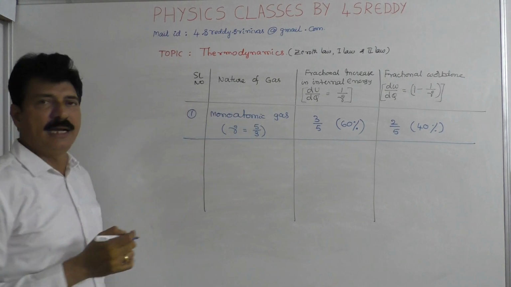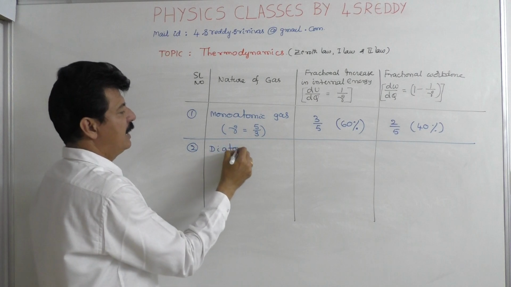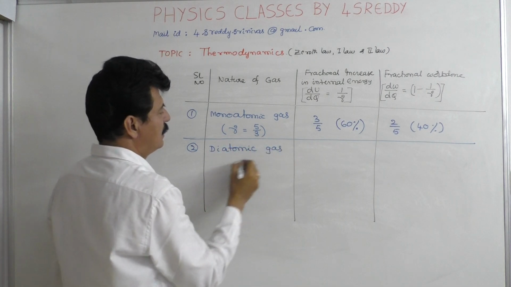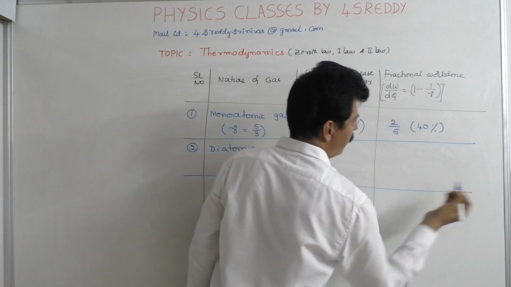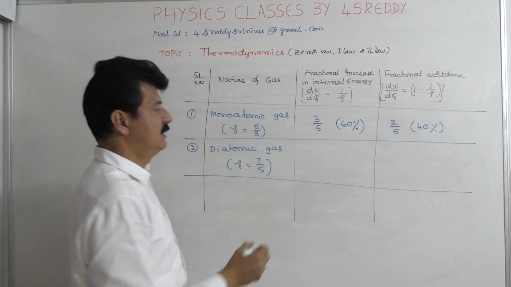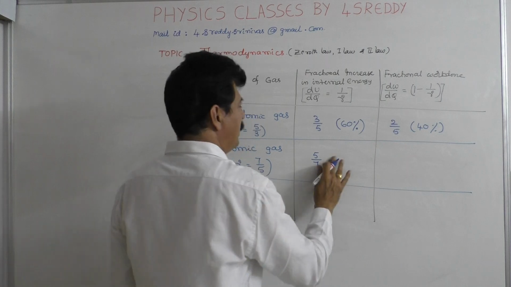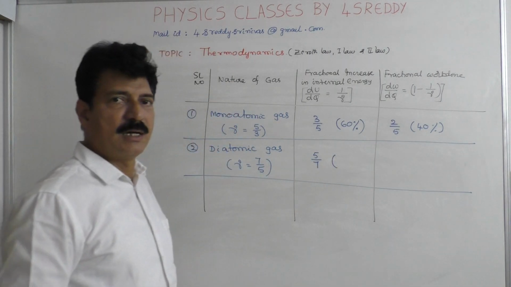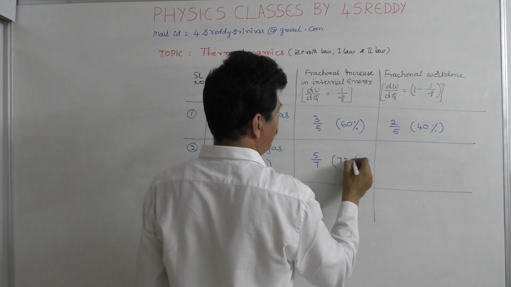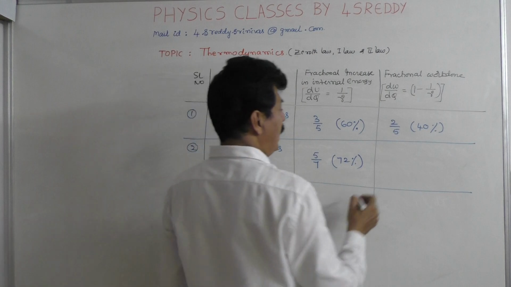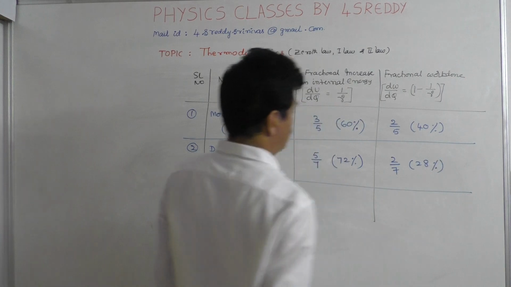Directly we can write the values here. Second one, if you consider diatomic gas, then gamma is equals to 7 by 5. When gamma is 7 by 5, this becomes 5 by 7. In terms of percentages, nearly it is 72% approximately, and this is 2 by 7, approximately 28%.